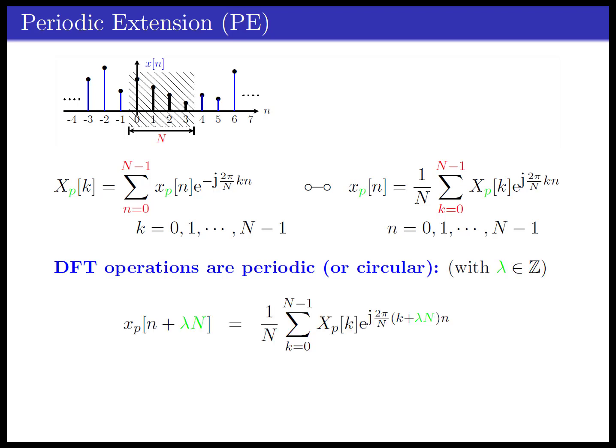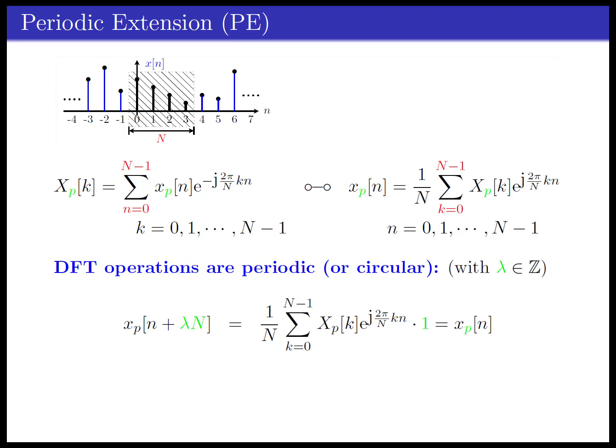By adding lambda times N to the index n, in which lambda is a positive or negative integer, we must adjust the index of the exponent accordingly. By splitting this index, we obtain a complex exponent with an index which is a multiple of 2 pi, which is equal to 1. And the result is equal to the sequence x_p[n] again.